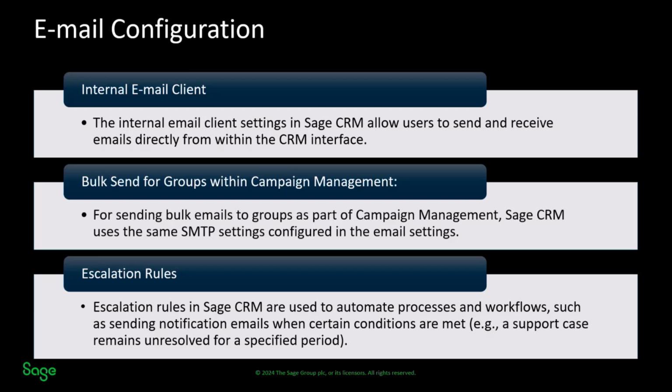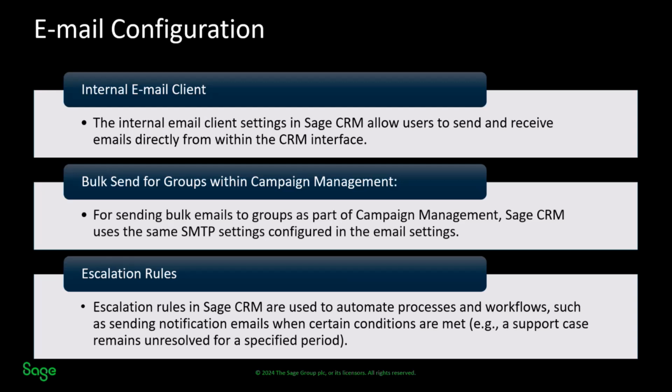To summarize what we've looked at then, this email configuration, we've gone through the internal email client settings that allow users to send and receive emails directly from within the CRM interface. But it isn't just the internal email client that these settings are used for. They're also used for the bulk send for groups within campaign management.